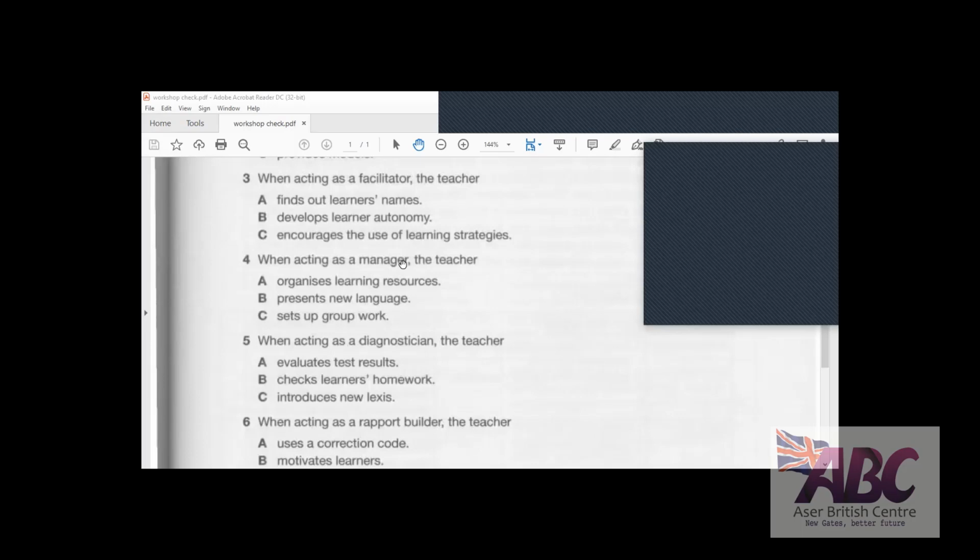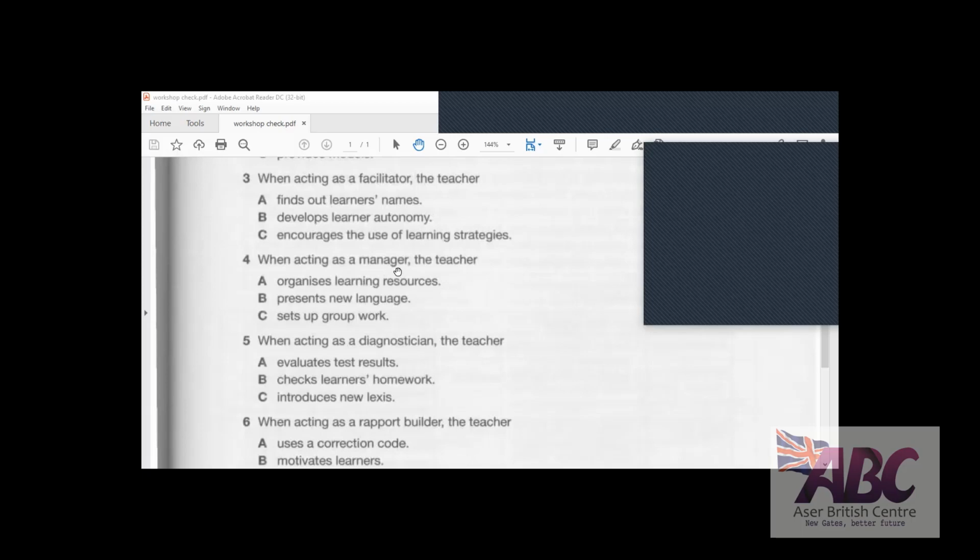When acting as a manager, the teacher organizes learning resources, presents new language, or sets up group work. B. Why? I understand that you want this.